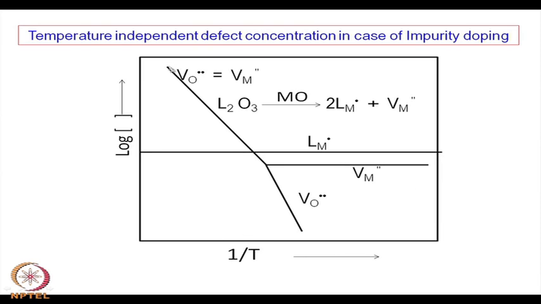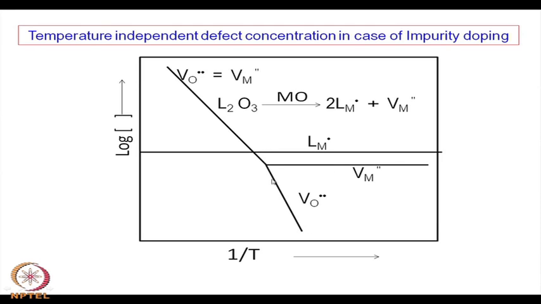So, these are the intrinsic region, of course, at a very high temperature. The concentration of the intrinsic defect, that is a vacancy of the metal, remains constant, controlled by this.